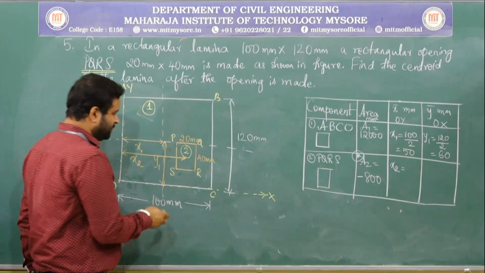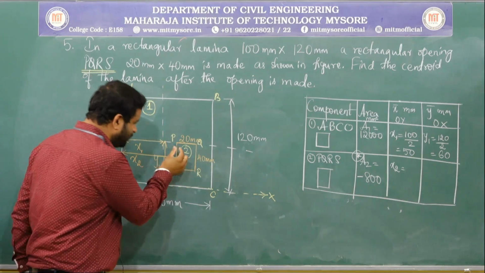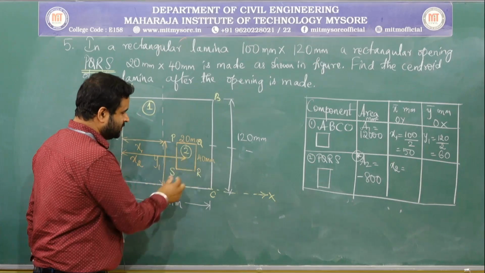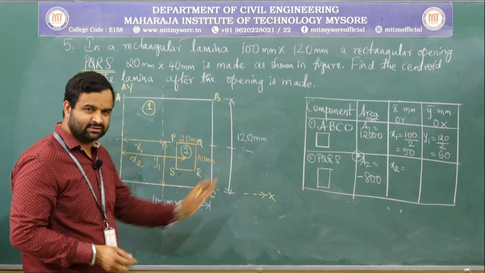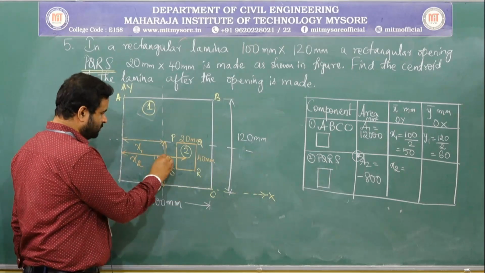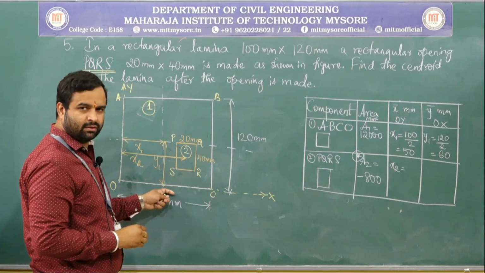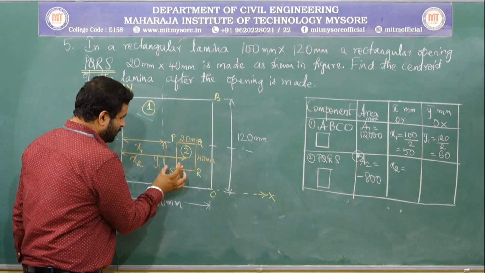But in the previous step we had located the centroid of only component 2, that is this value, which was half of 20, 10, but you need to measure it from the OY axis. So, from here to the midpoint you have 50, 100 mm by 2 is 50.